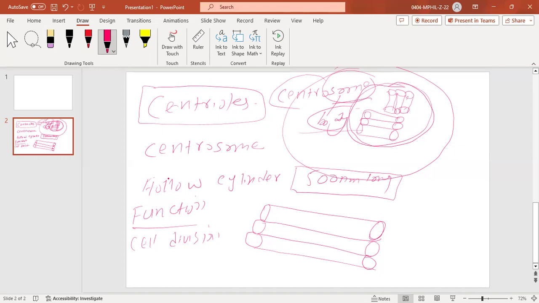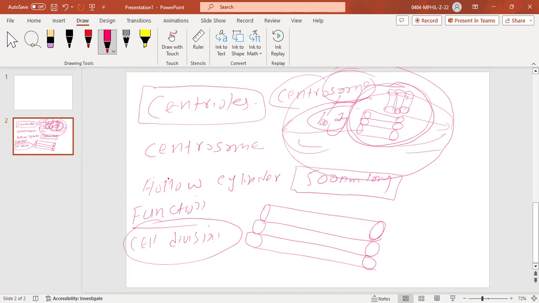One centriole will move to one side, the other will move to the other side, right? From there it will form fibers on which the chromosomes will arrange, and it will further go on to divide and replicate. So in this case, its function is to help in cell division. Whenever a cell is going to divide, this centrosome will disintegrate, and both of these triplet cylinders will move to opposite poles, and they will help in the formation of spindle fibers.